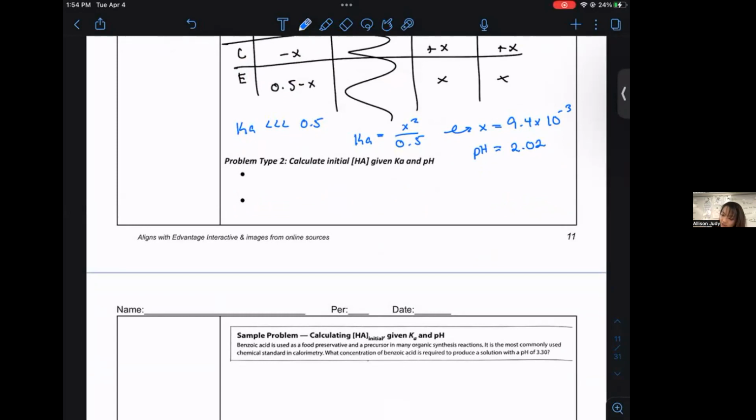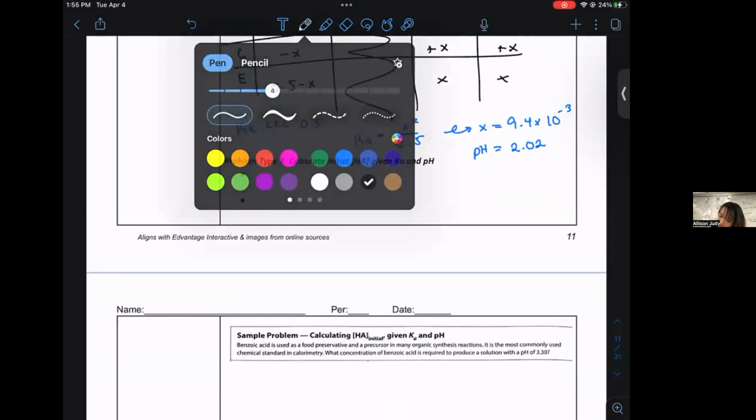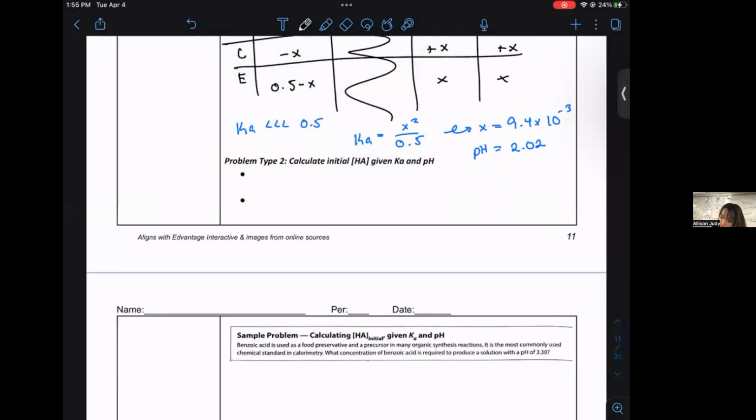So things to consider here: one, the unknown X goes into the initial box of the ice table. And then we can never use the percent ionization assumption, because you don't know if that initial amount is 1,000 times more. You've got to figure that out.